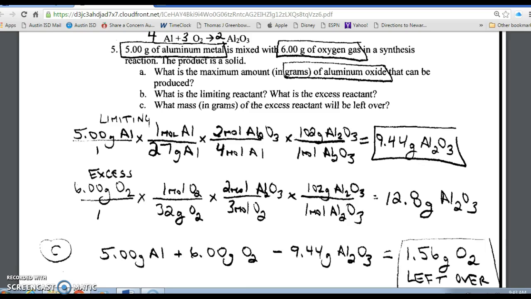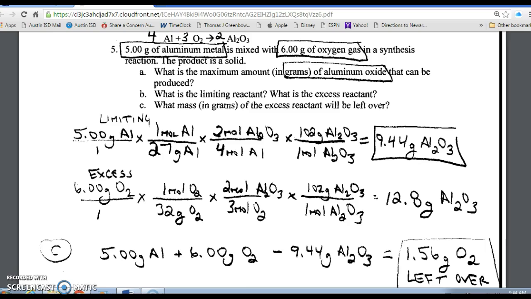Because this is a limiting reactant problem, I must do the stoichiometry twice to prove that that is indeed the true amount of aluminum oxide that's formed. So I start a second dimensional analysis with my 6 grams of oxygen, solving again for what's asked for in letter A, the grams of aluminum oxide.